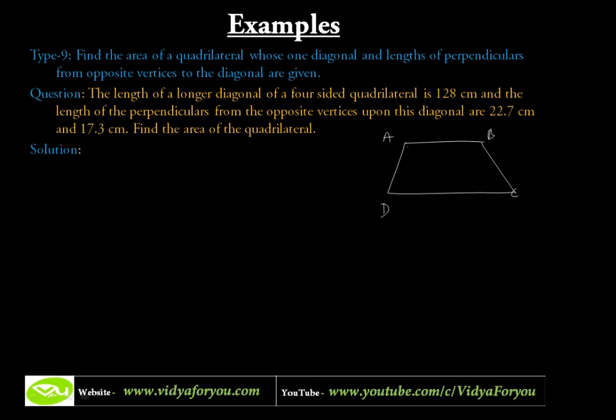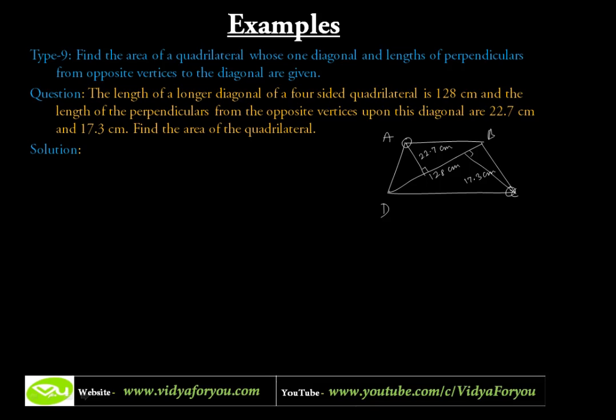ABCD, the length of the longer diagonal, let's assume this is the longer diagonal, is 128 centimeter, and the length of the perpendicular from the opposite vertices to this diagonal, it has two opposite vertices, that is A and C. So the length of the perpendicular are given as 22.7 centimeter, and from here 17.3 centimeter. You have to find the area of quadrilateral.